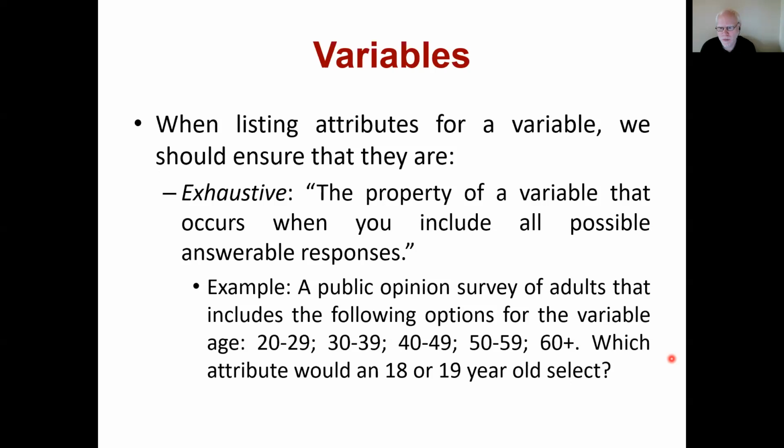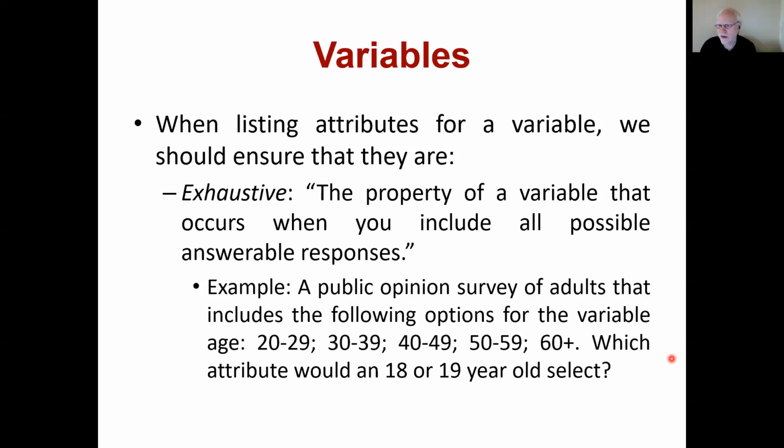So when we're listing attributes for a variable, we should ensure that they are exhaustive. Exhaustive means the property of a variable that occurs when you include all possible answerable responses, right? So say you're constructing a survey, you have to have options in your answers for every possible answer. You can't have somebody looking at the possible answers and thinking, well, I'm none of these.